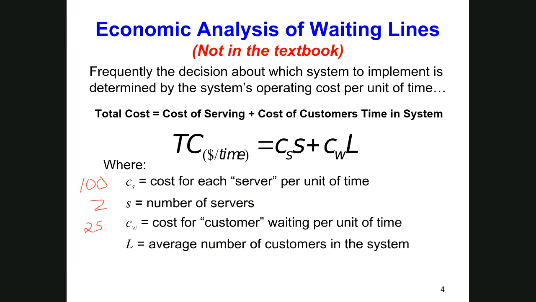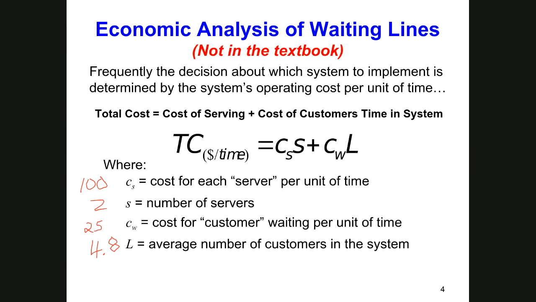Maybe a little high, but in any case. And then L is the average number of customers in the system, and I don't know if you remember, but the average number in the system on the previous slide was 4.8. You can go back and check that on QMacros.